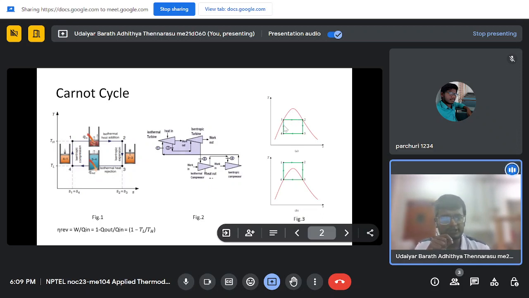When it operates below that, though the heat source is at a higher temperature, you're not fully utilizing that source. So that's one problem if you put it inside the vapor dome. Your heat source may be at a higher temperature, but when you are operating inside the vapor dome, the temperature difference between the heat source and the operating temperature is very large. That is large irreversibility, and you are not fully utilizing the heat which is available for you.